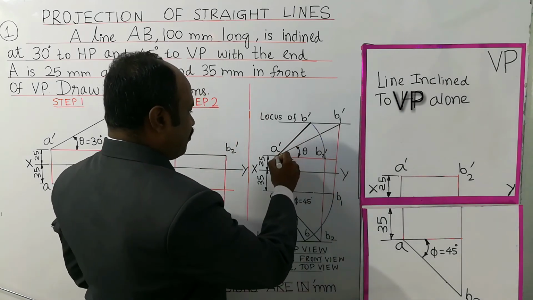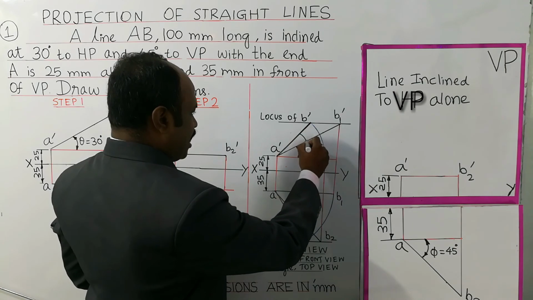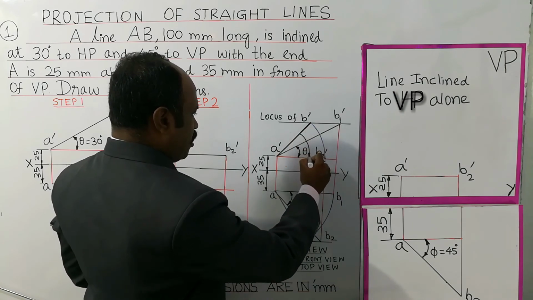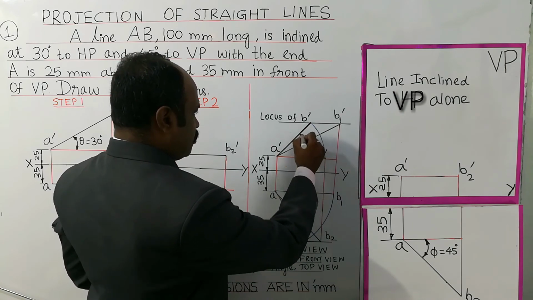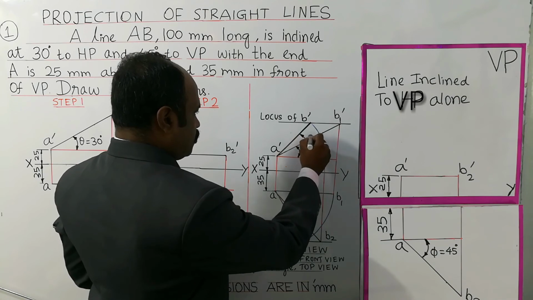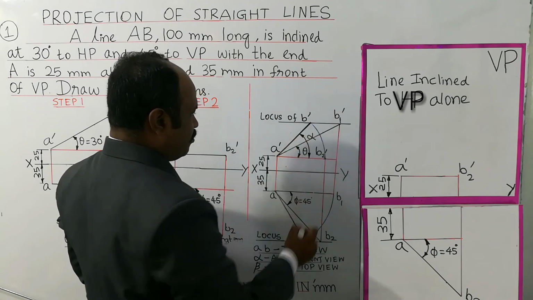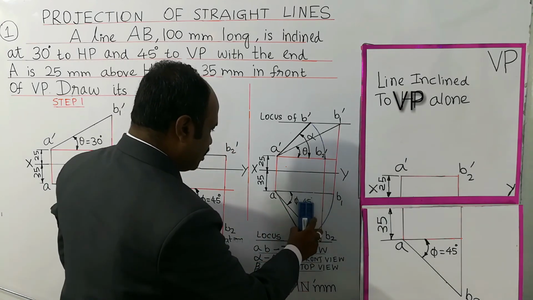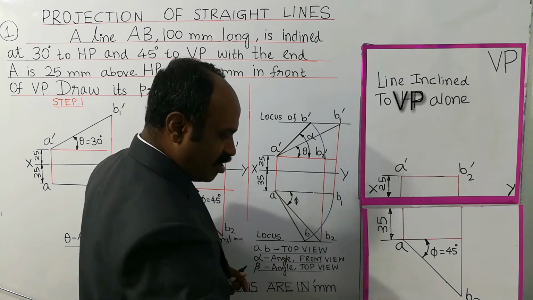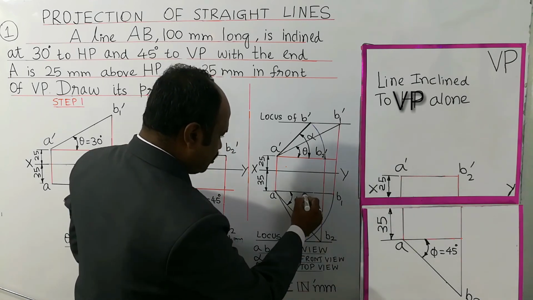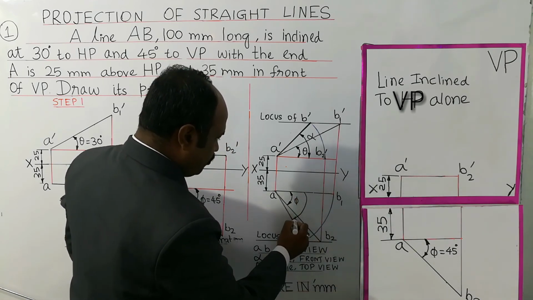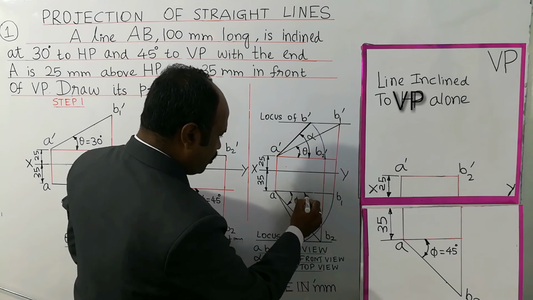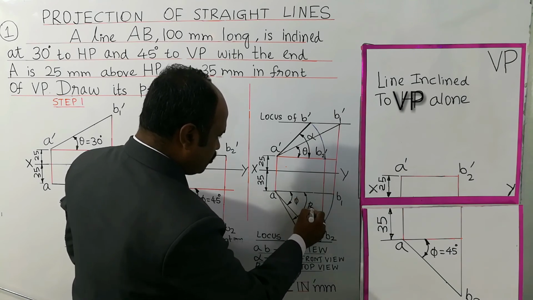This is the final front view, A dash B dash, and this angle is called alpha. Similarly, the final top view has to be mentioned by a notation called beta. AB is the final top view, and this angle is called beta.